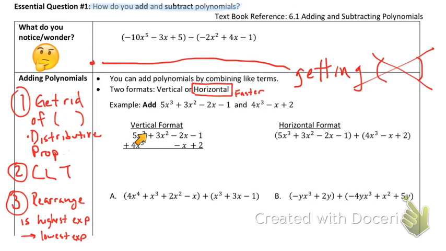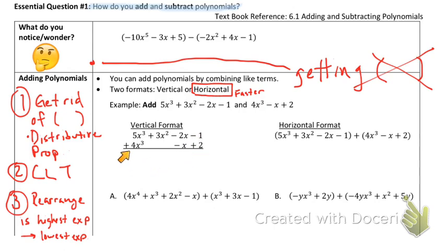Now, if you look, the next term is negative x, which actually has a power of 1. So he is going to line up with the powers of 1, or the guy with just the x. So he goes under the negative 2x, and that's where we find our negative x goes, under the negative 2x. And then our constant, positive 2, gets lined up with the other constant.